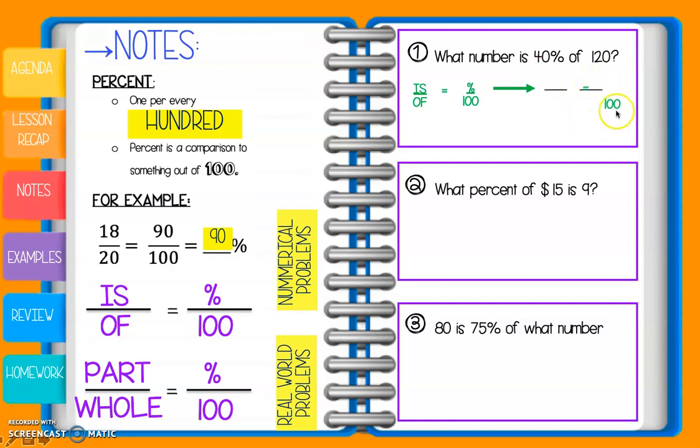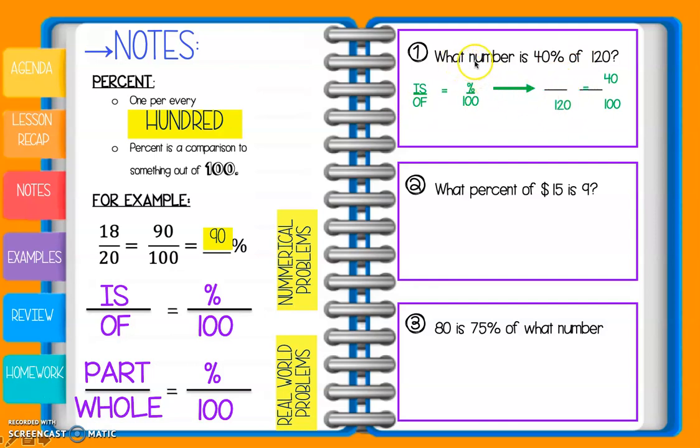We know that this spot right here is always going to be a 100, because percent's always out of 100. 40 is our percent, so I can fill that in. Our percent is always going to go above the 100. Now it says of 120, and of is in the bottom right here, so that's where I'm going to put my 120.